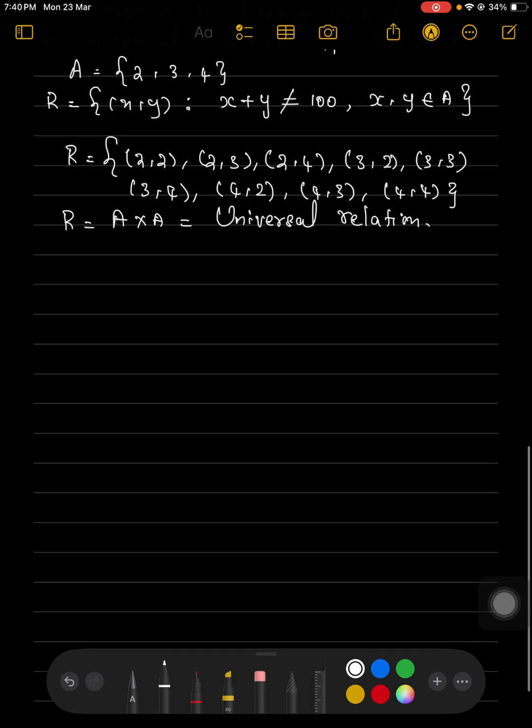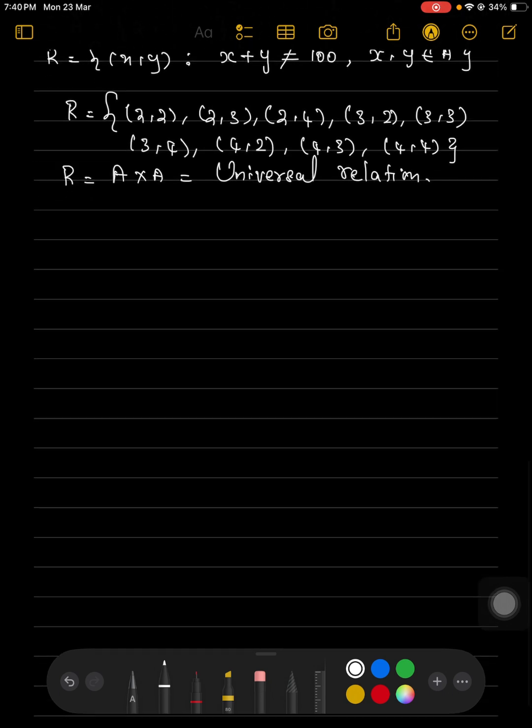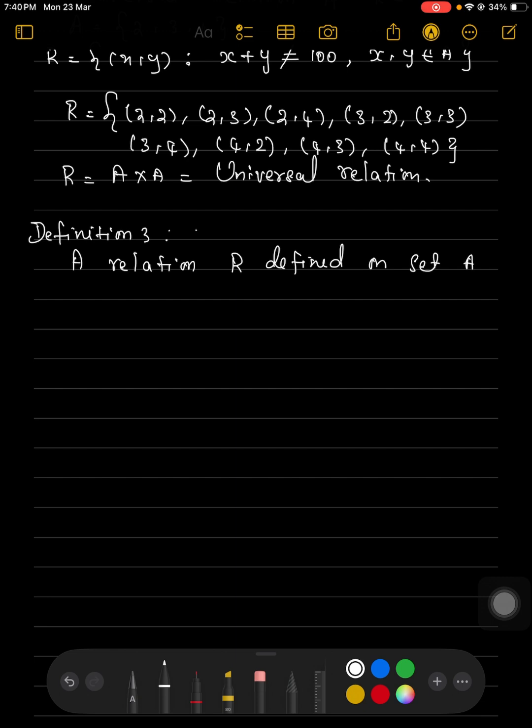And definition 3 contains 3 subparts. Very, very important. Definition 3. A relation R defined on set A is called, there are three subparts.